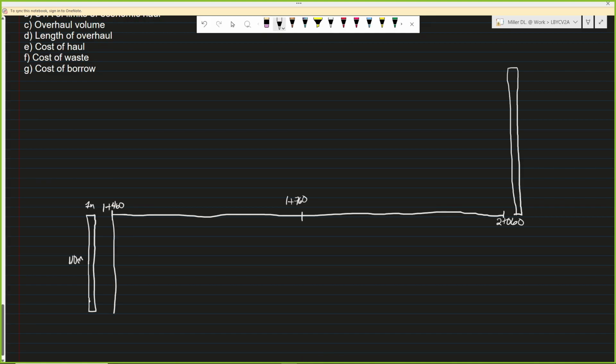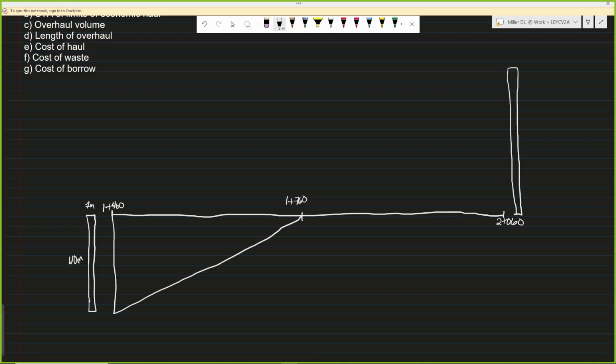Pag pinroject natin to sa center, and ito naman on the other side. Okay? So, ito yung fill side. Fill side. Fill to. Ito naman cut. Okay? So, mapapansin nyo, mas steep yung slope sa cut side as compared with the fill.